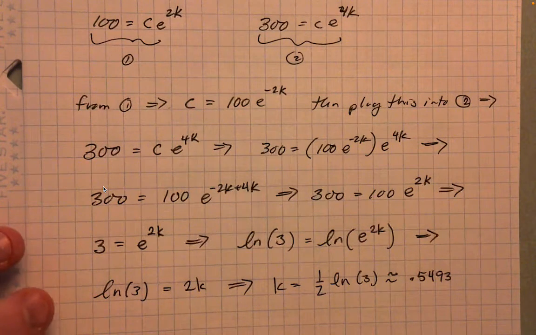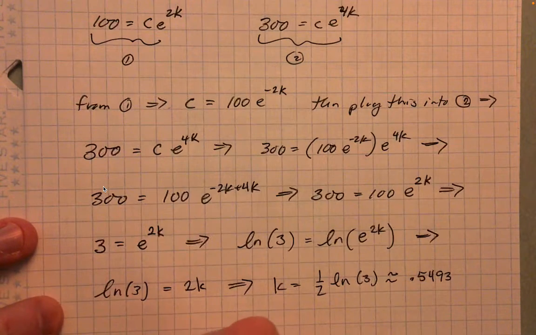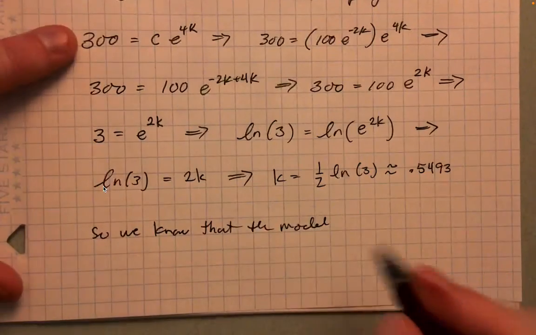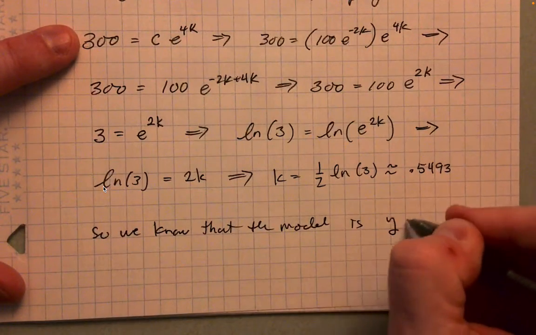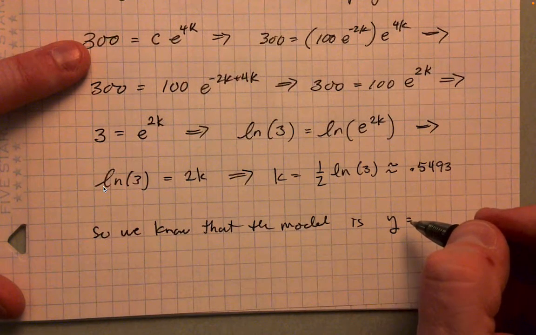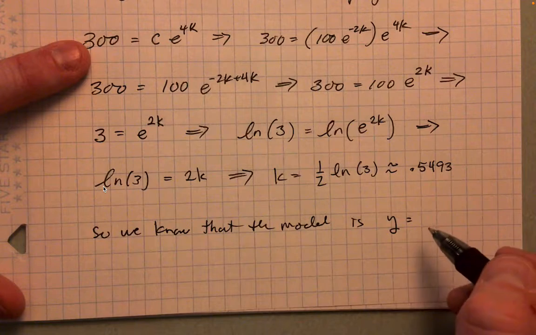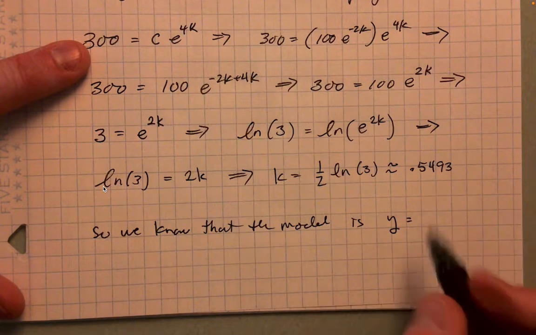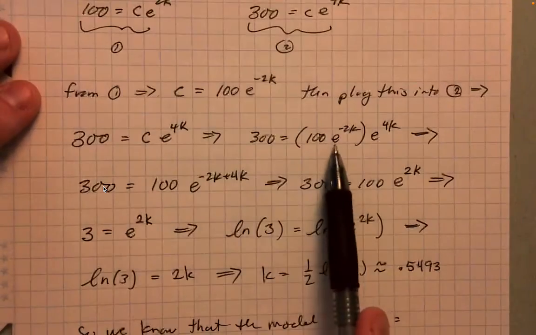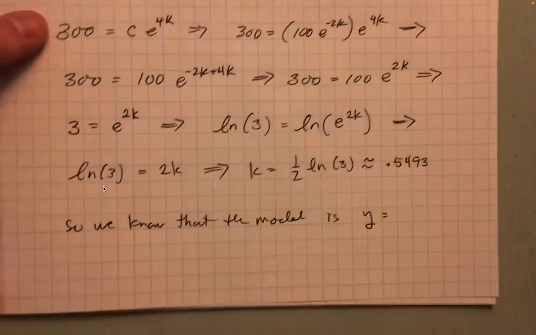Okay, and so we know that the model is y equals... let's see, what did we get? Oh, we have to figure out what c is first. First we need to know what c is.